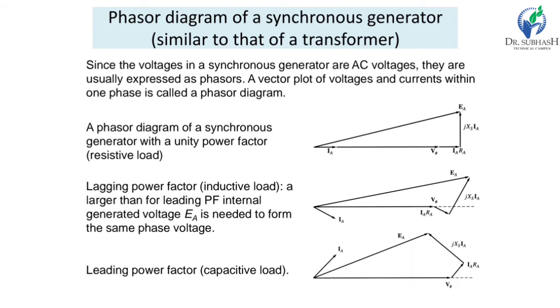In this equation, omega should be kept constant to keep the frequency constant. For the given amount of field current at the rotor and current consumed by the load, the magnitude of the phase voltage will be less for the inductive load and high for the capacitive load.